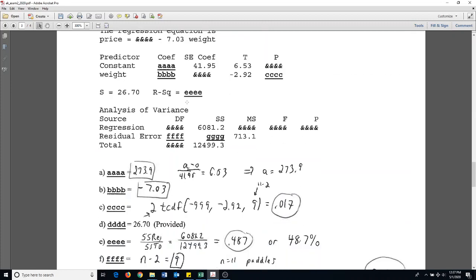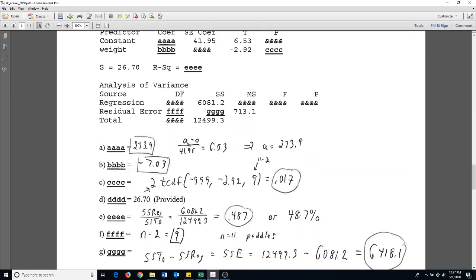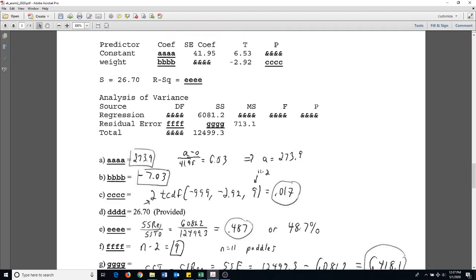I like number 10 as a problem because you have to understand how the sum of squares error and sum of squares regression add up to the sum of squares total, and the sum of squares regression divided by the sum of squares total gives you the R squared value.